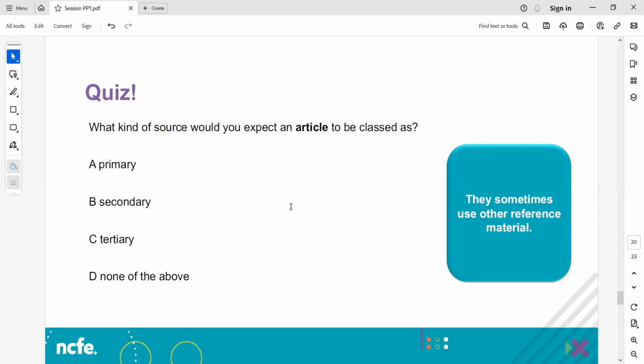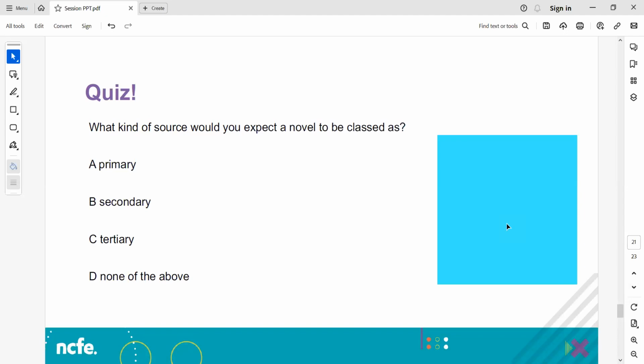An article could be about anything at all, but for example, an article about health would probably refer to studies that have been done. Say it was about smoking and the impact on health, then they would refer to studies that have been done to show the ill effects of smoking. They would need to reference those. They might use people's personal experiences, so again, they would be using the primary source of someone's own thoughts. So that would make it a secondary source. Well done.